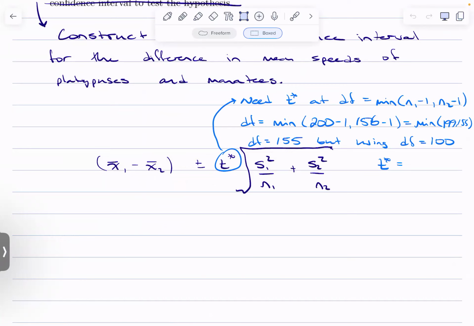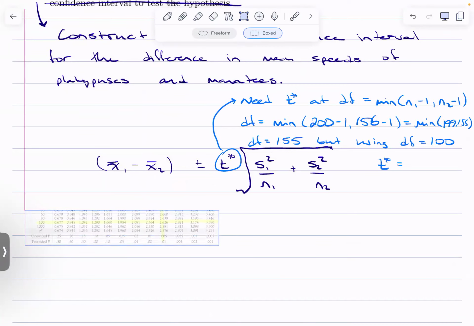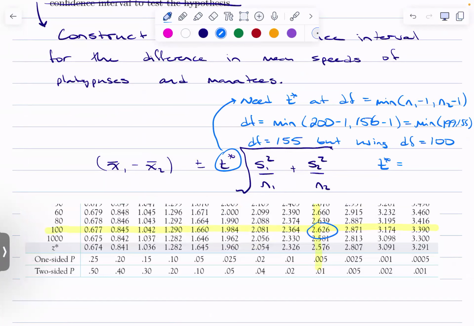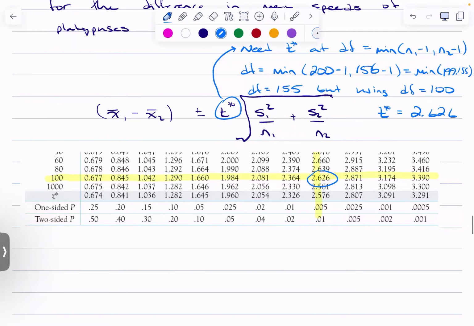Just trying to not write out the formula again, but can't be helped. 2.626. Okay.